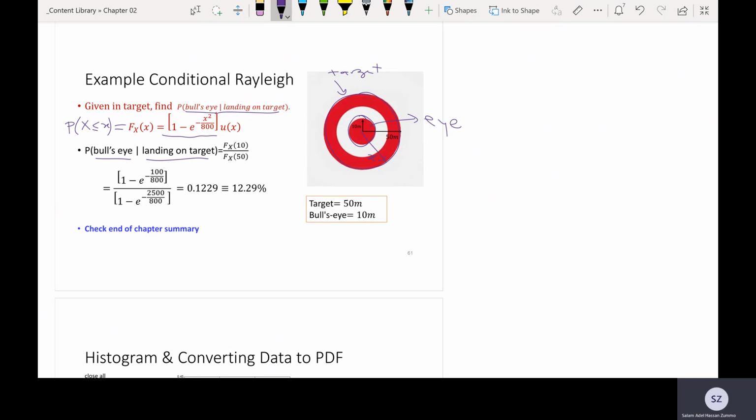What is the probability that you get inside this small circle? It's F of 10 divided by F of 50, which is the probability that x is less than 10 meters, given that it's less than 50. Just substituting, you get 12.3%. So given that you hit the target, the probability that you get inside 10 meters is very small.